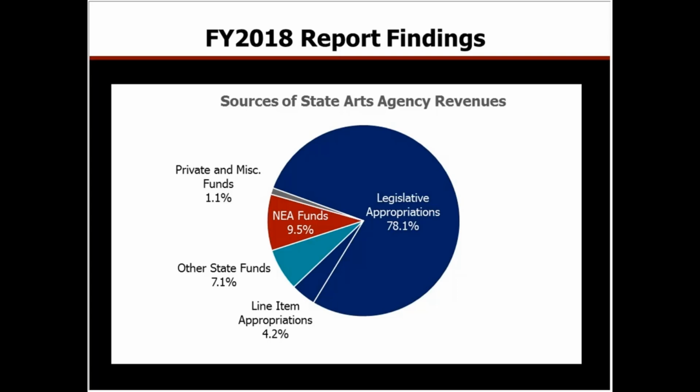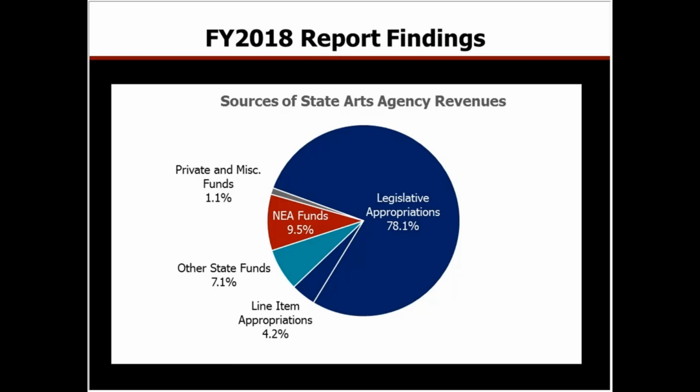Common examples include percent for art programs, when those funds are transferred to an SAA from a state's capital budget, and funds appropriated to other agencies such as education, transportation, or tourism that are subsequently allocated to the SAA for arts-related programs or services. So combined, those three state funding categories make up 89.4% of total state arts agency revenues.